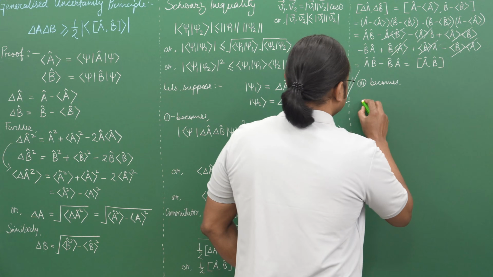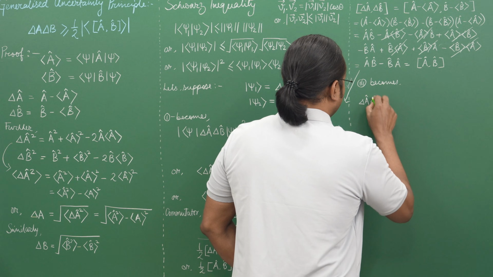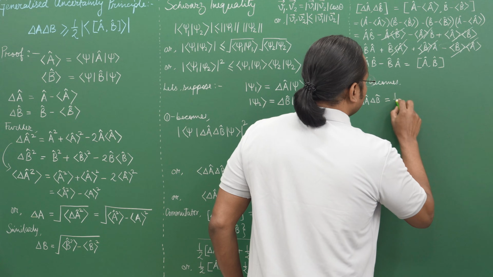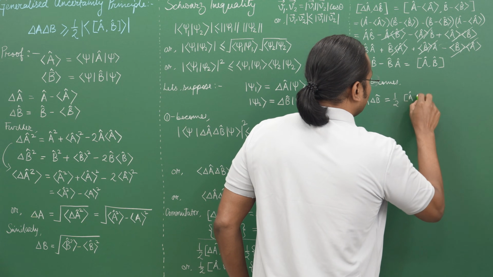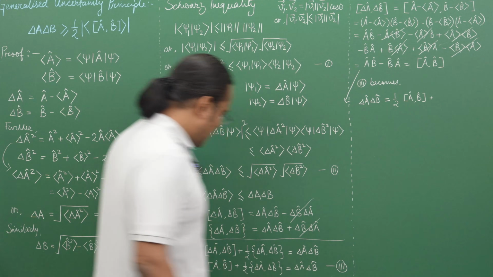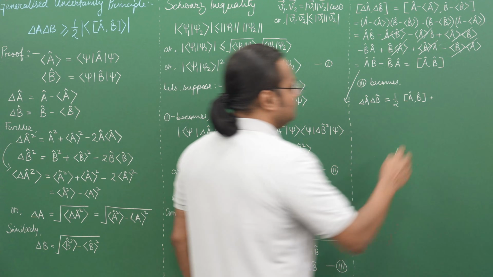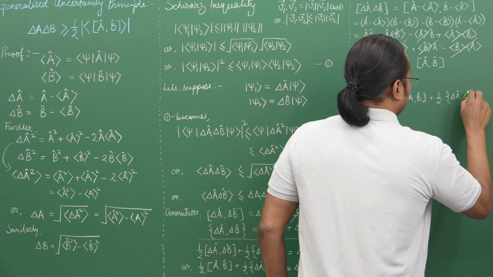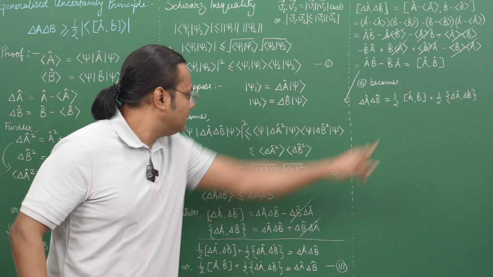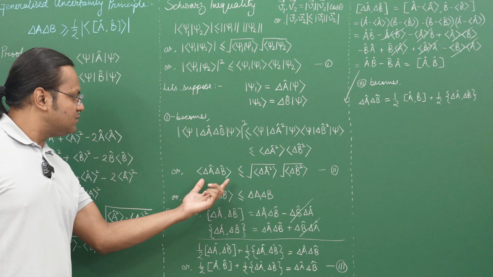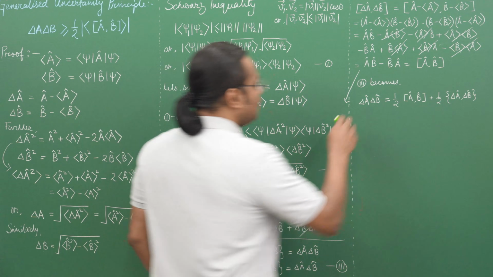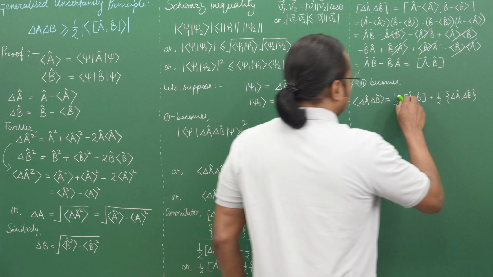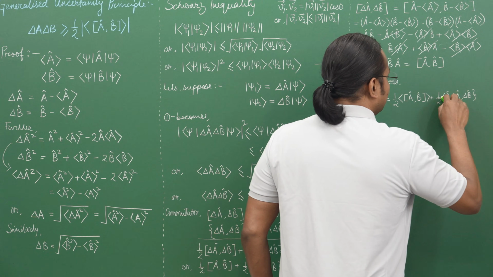Del A del B hat is equal to half of the commutator of A and B plus half of the anti-commutator of del A and del B. Now here I want to take the expectation value because I want to substitute here finally. So the expectation value of the left hand side is basically equal to the expectation value of this expression and expectation value of this expression.